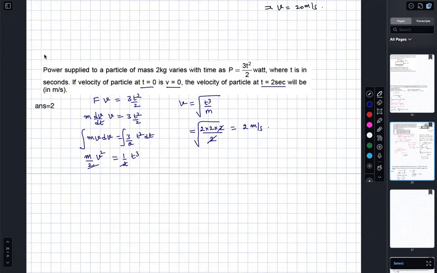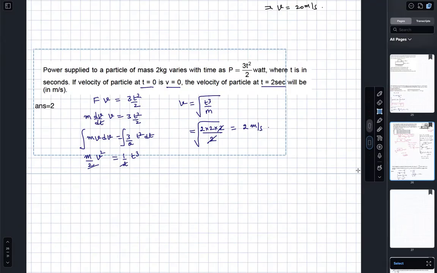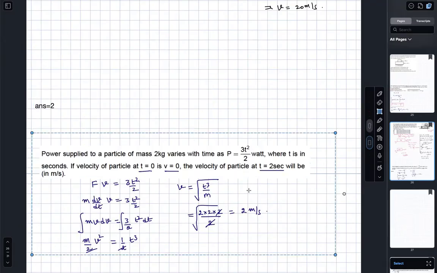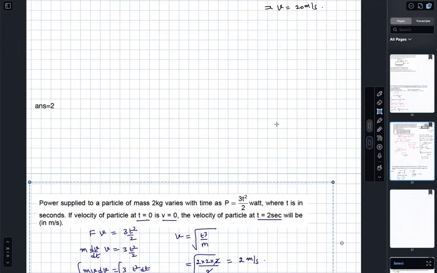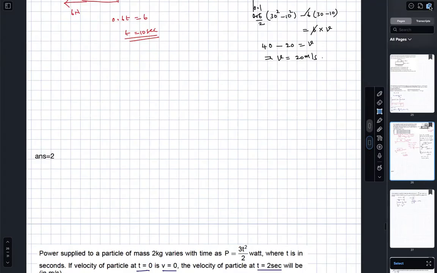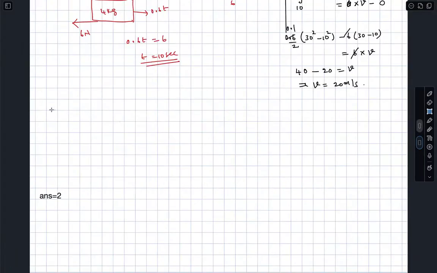I have understood one thing: at t equals 30 seconds.